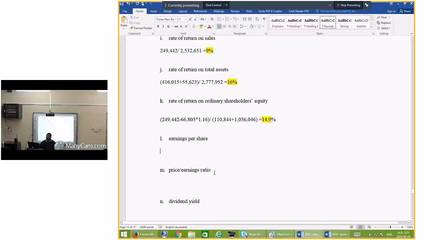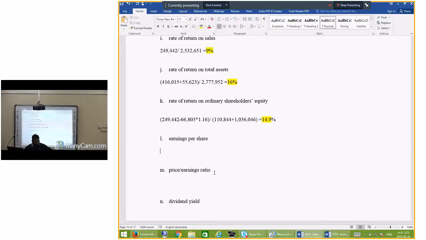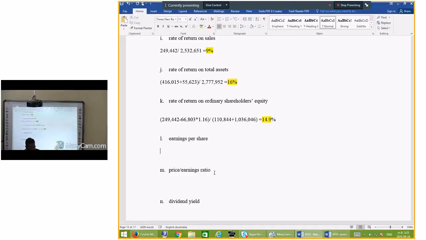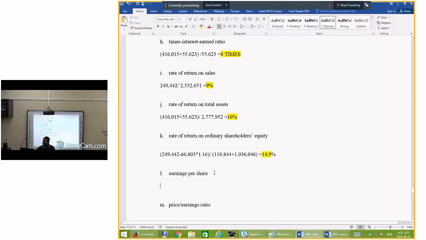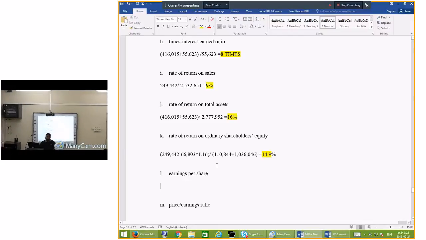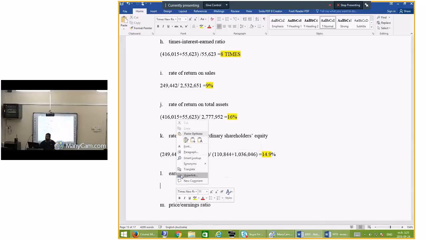Earning per share. Net profit after preference dividend. We have calculated somewhere. Yeah, this is the net profit after preference dividend, and divided by ordinary shares.